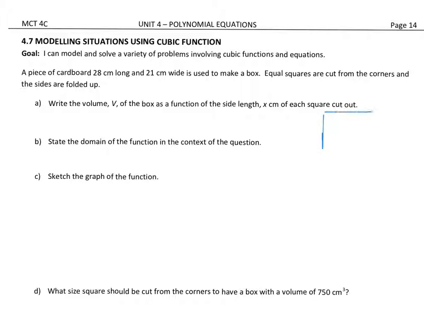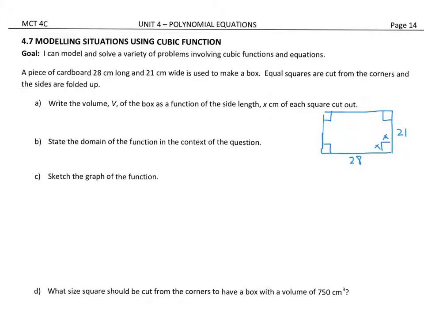So originally, and I'm a visual person, so I like to draw my little diagrams here. Originally, we have 28 centimeters long and 21 centimeters wide, and then we're taking squares out of each corner, which are x by x units long, okay?